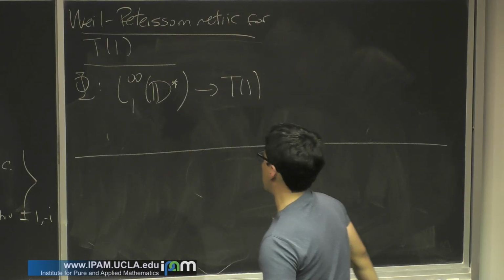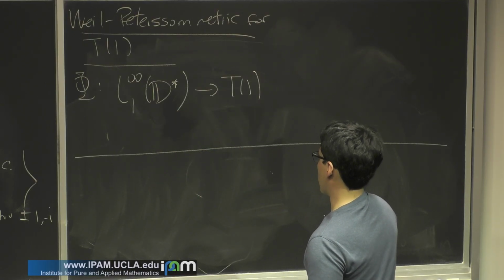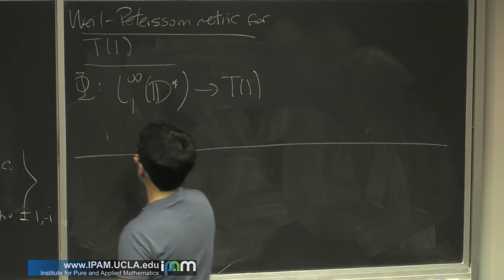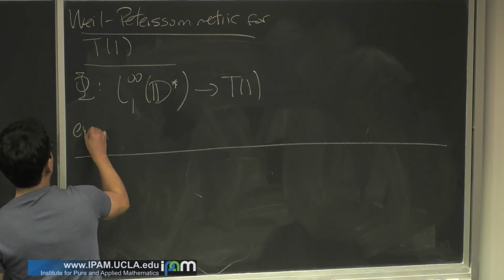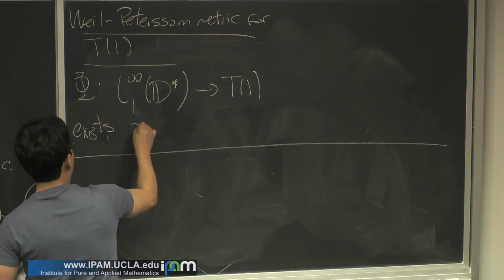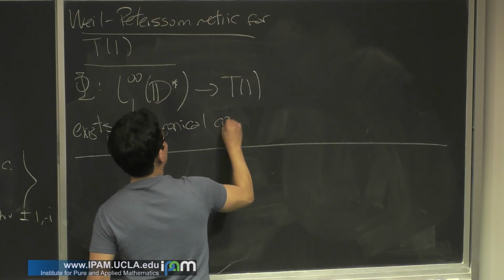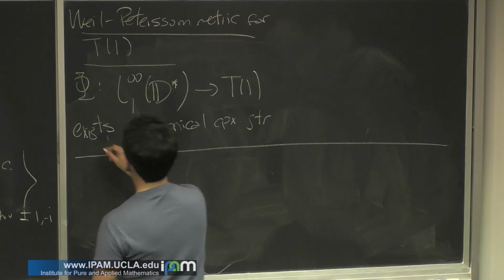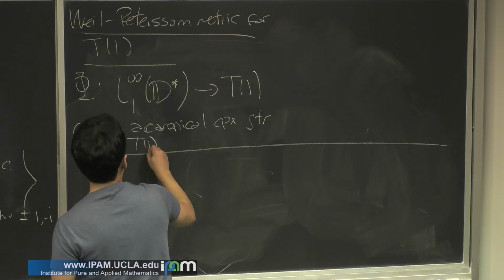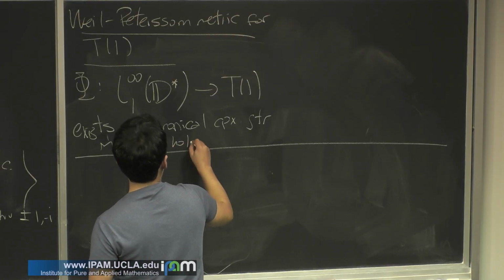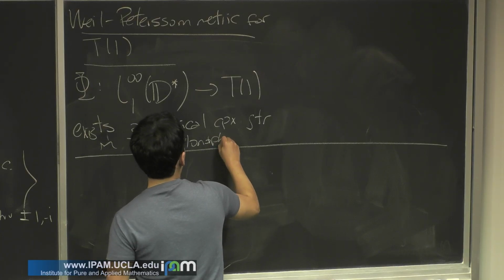Right? It's clear what the notion is here. But it turns out there exists a canonical complex structure in T1 that makes this a holomorphic submersion.